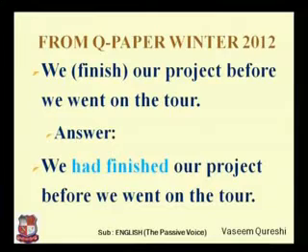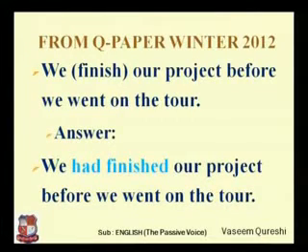"We (blank) our project before we went on the tour." Now here you can see there are two different clauses, and the two clauses are joined with the connector "before." When you find "before" or "after" with two clauses and one of them is in simple past tense, you can see "we went on the tour," and before that, something happened in the past, so we have to use past perfect.